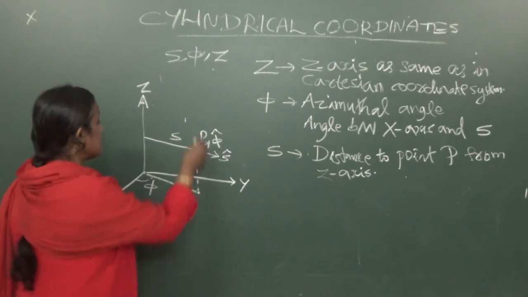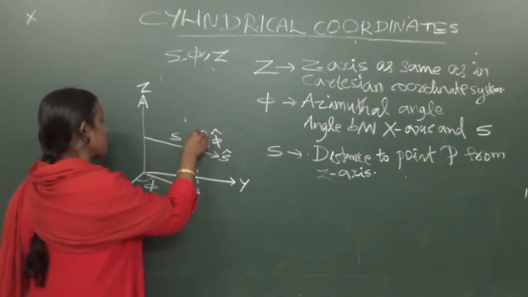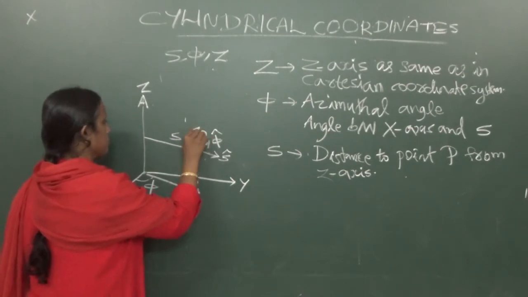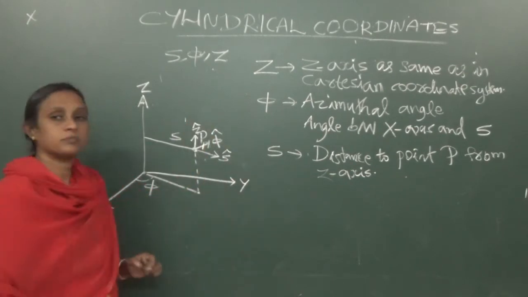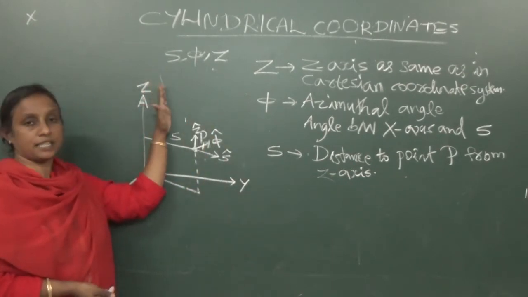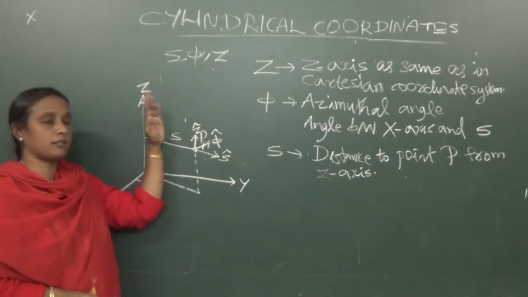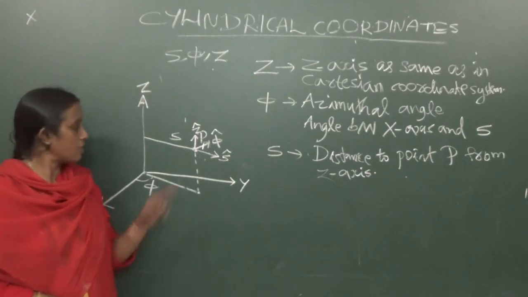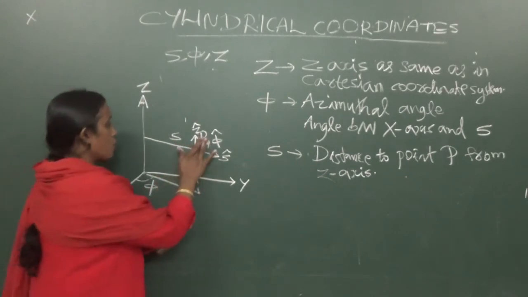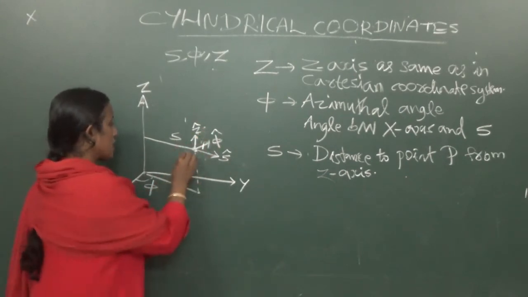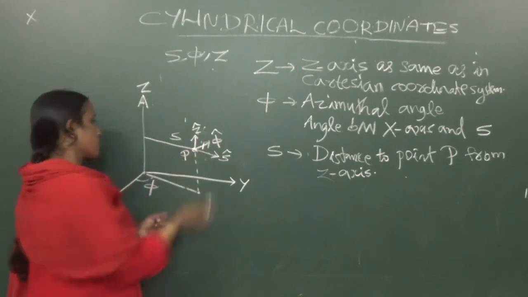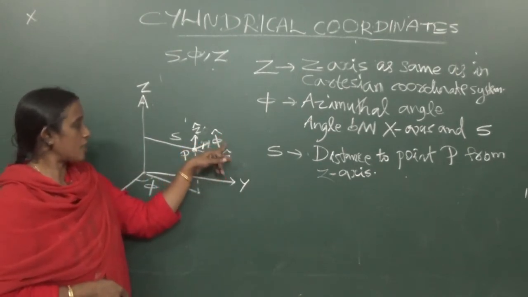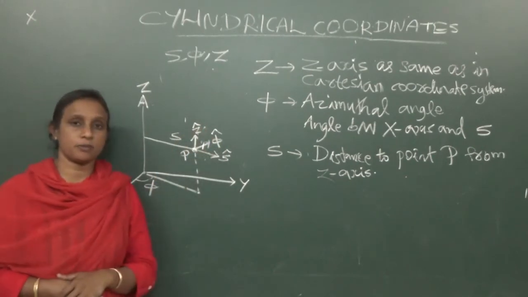And Z cap is like this, along the direction of increasing Z. These are the three unit vectors in this cylindrical coordinate system: S cap, phi cap and Z cap.